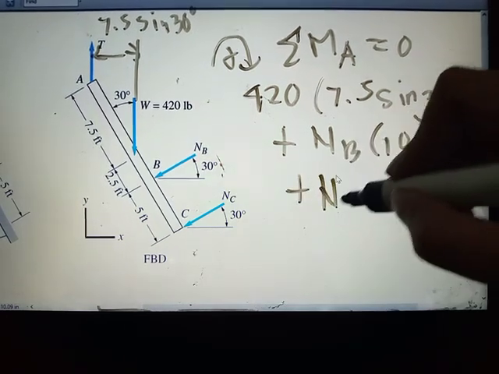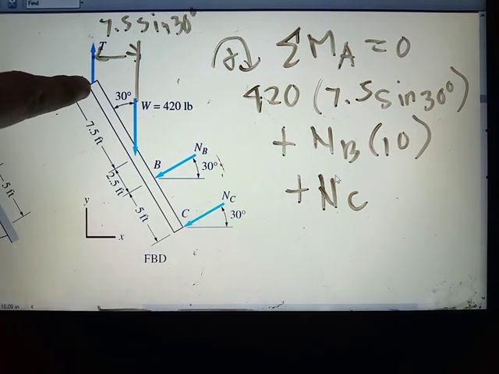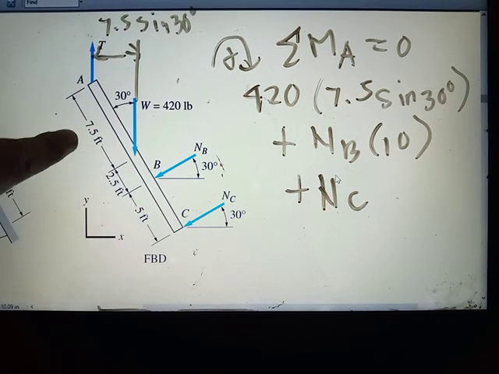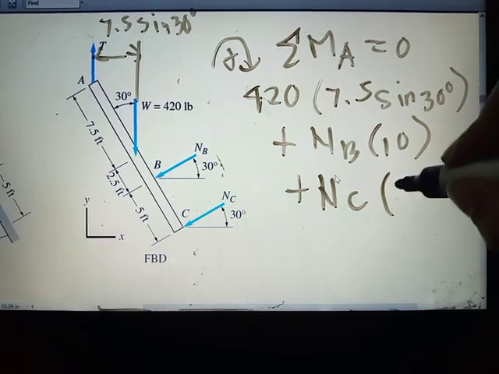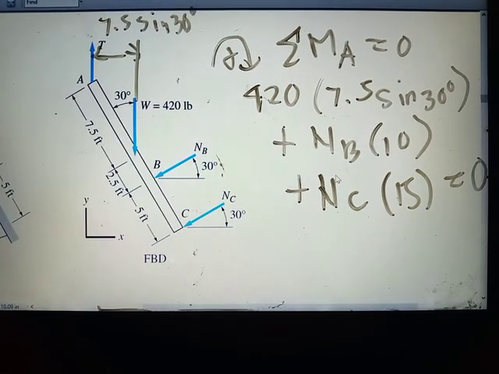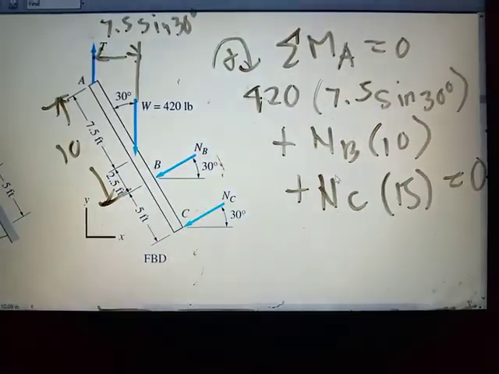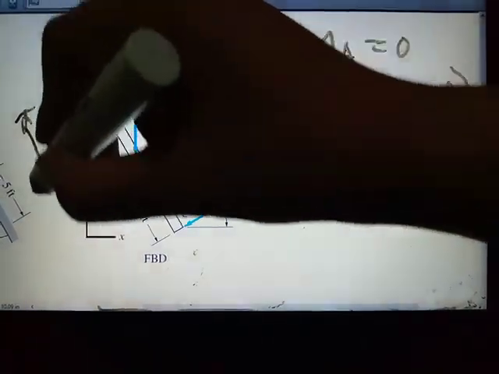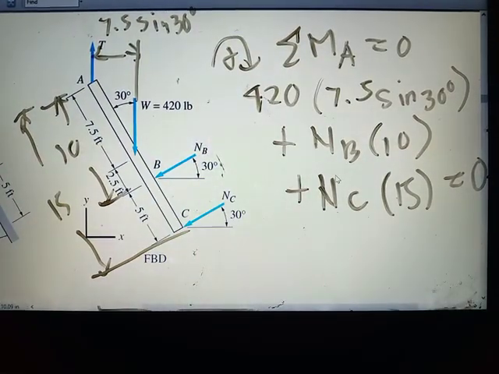And then NC, its direction is given, and its perpendicular distance from A is also given: 7.5 plus 2.5 plus 5 is 15, equal to 0. So this is 10 and this is 15. I hope you understood why his equations are like that.